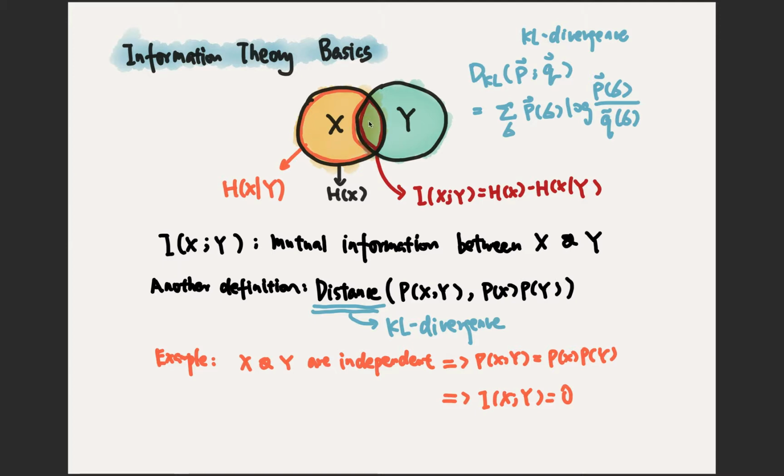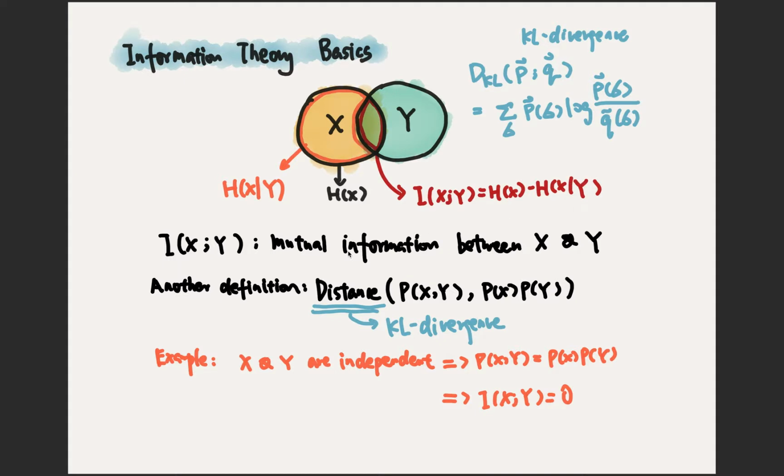The most important thing is this intersection area. We can use the area of this part to represent the mutual information between x and y. It can also be seen as the difference between the uncertainty of x and the uncertainty of x conditioning on y.